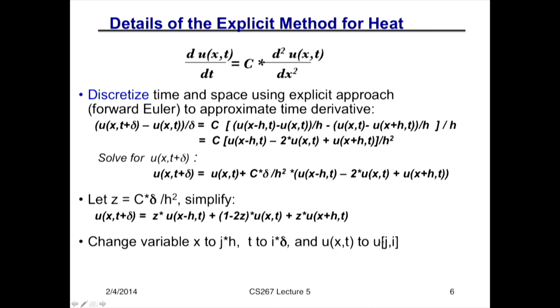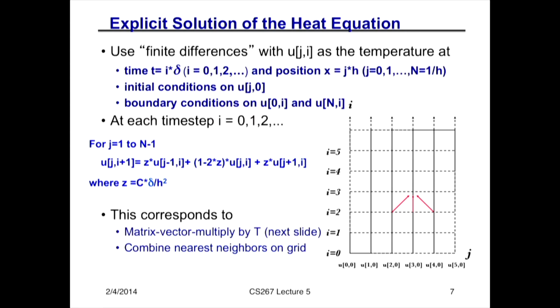And my continuous function will be replaced by this 2-dimensional array. The first subscript tells me the x. The second subscript tells me the y. And so the inner loop is going to do this update at position x, time i plus 1. I take this linear combination of three numbers, and that gives me the new value. That's the explicit method for solving the heat equation. It's not a good idea, but it's our first approximation.